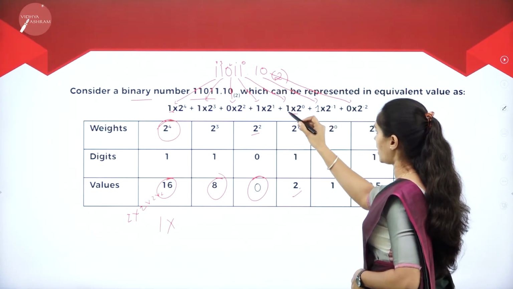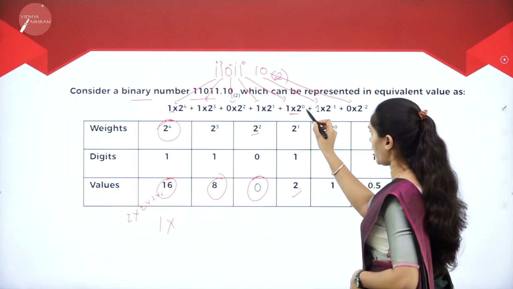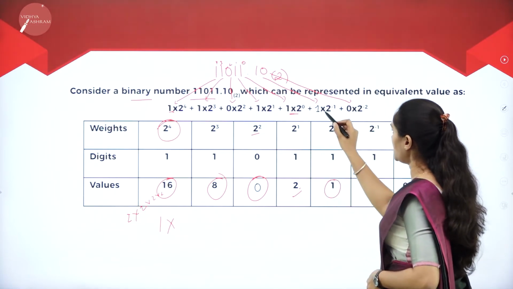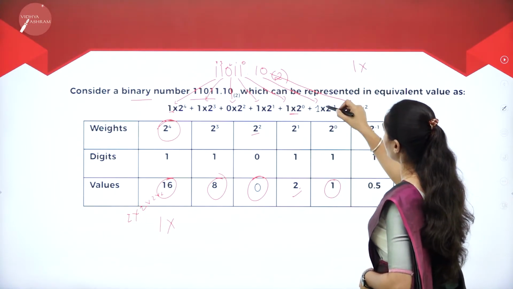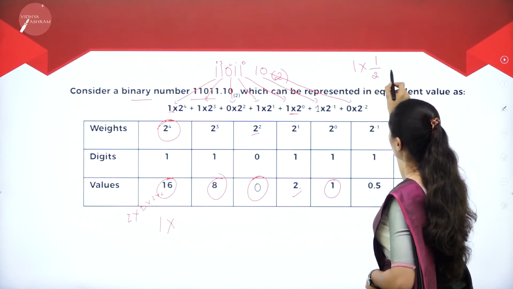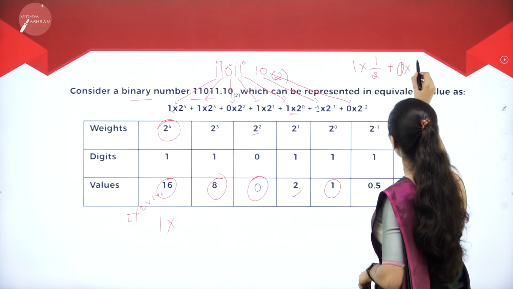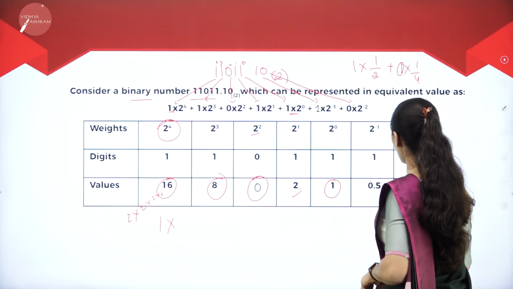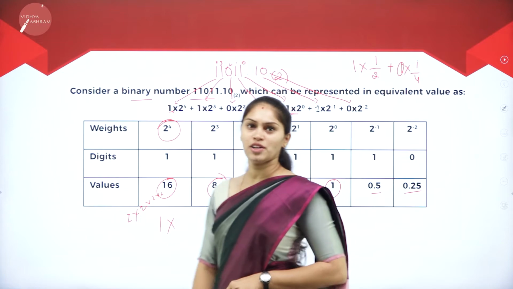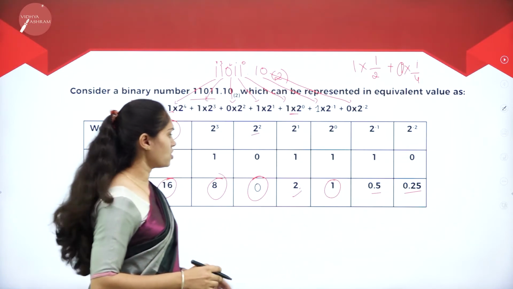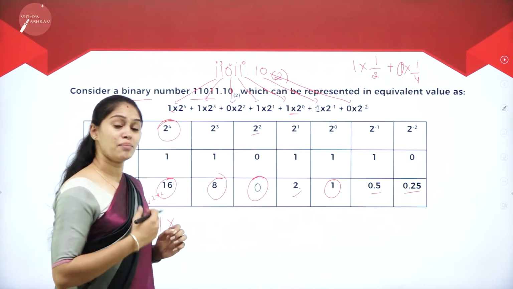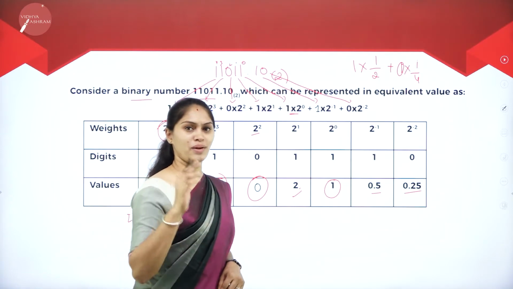Then 1 into 2 power 0, that is 1. And 1 into 2 power -1, how are we going to write it? 1 by 2 plus 1, 0 into 1 by 4. Then we get 0.5 and 0.25 respectively. So this is how the representation of a binary equivalent value happens.